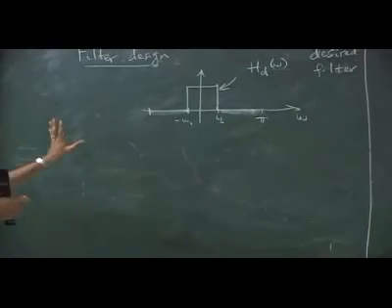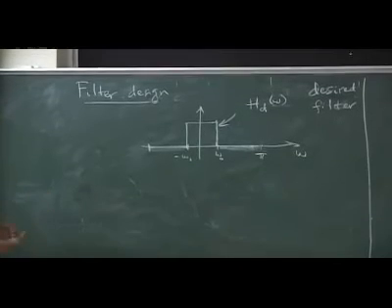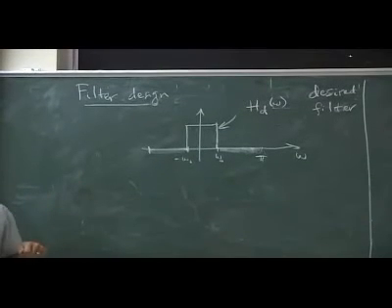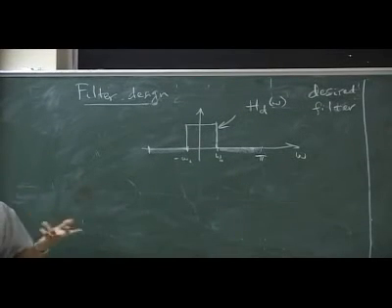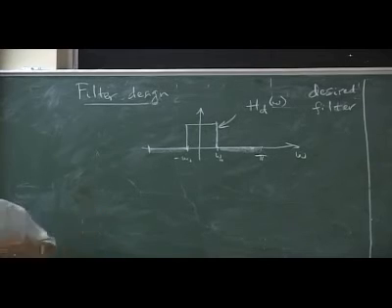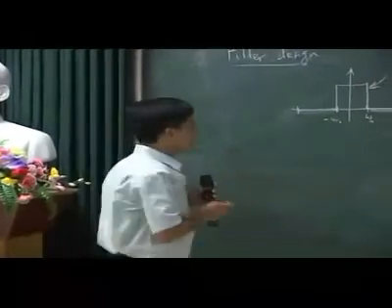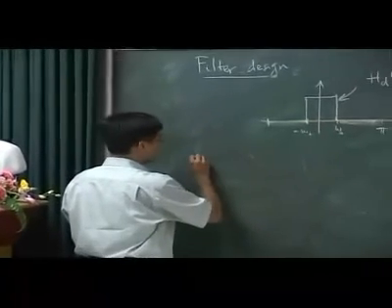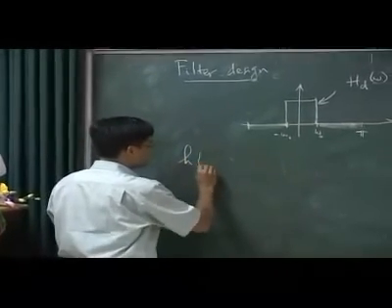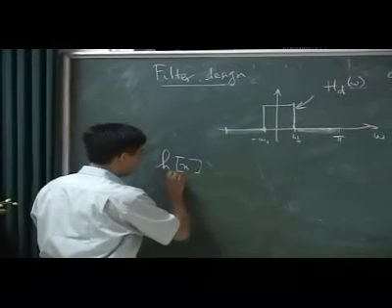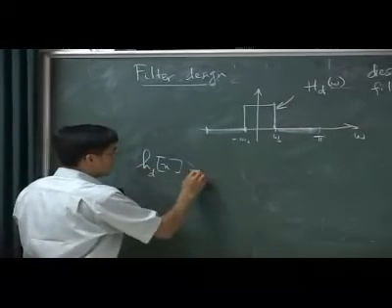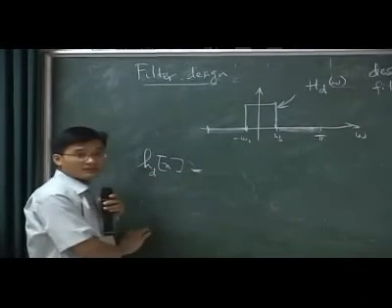If I have that filter, not a big problem. Let me take the inverse DTFT and see what the coefficients look like, and then I tell you to do the convolution. So you have this h_d[n] of the desired filter. What would that be?